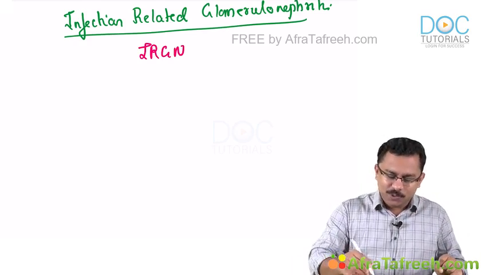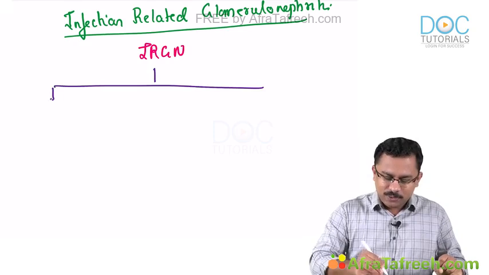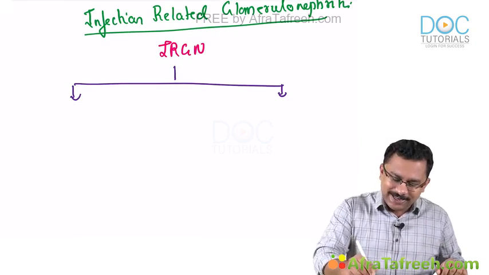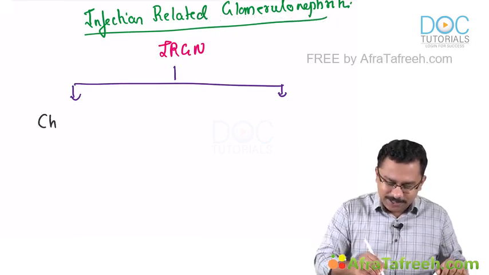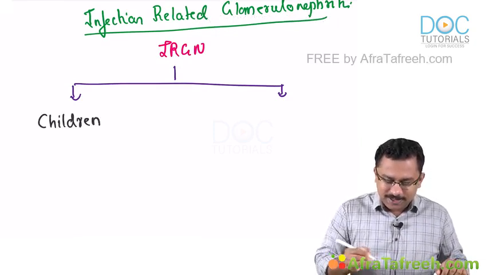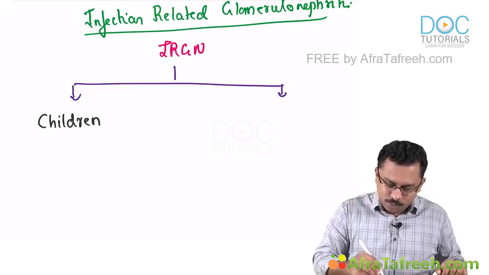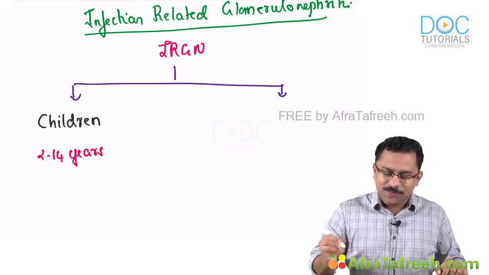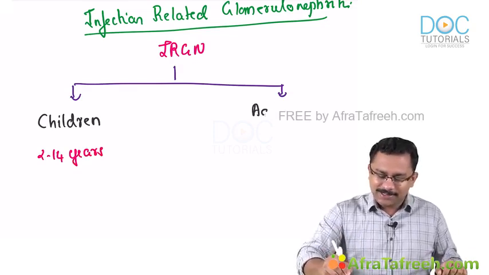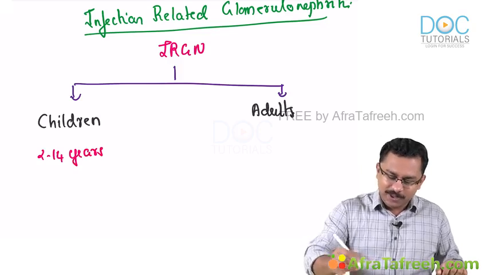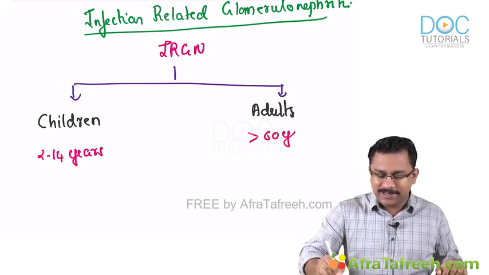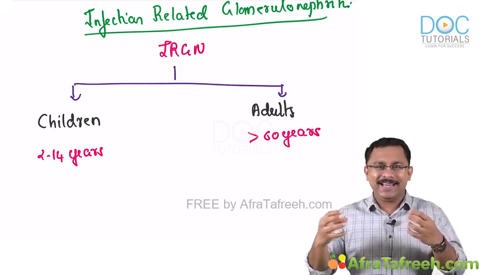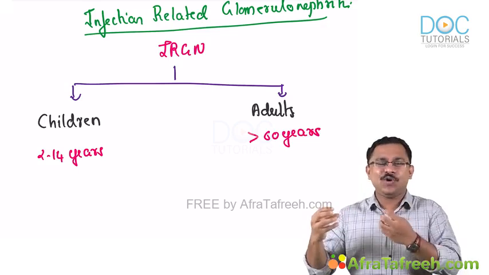One is the infection related glomerulonephritis seen in children of age group around 2 to 14 years, and also you have the adults, usually above 60 years. So these are the two groups which can develop IRGN, infection related glomerulonephritis.